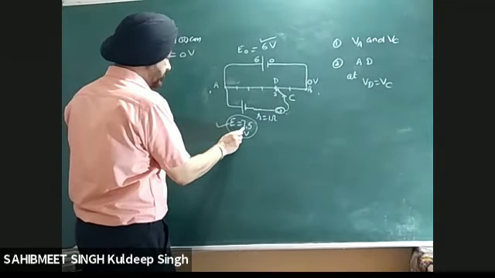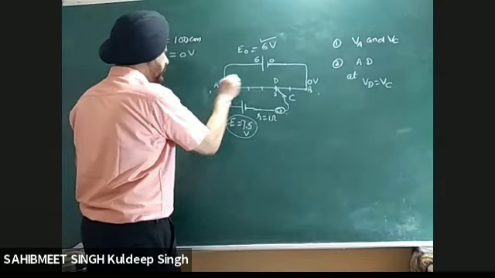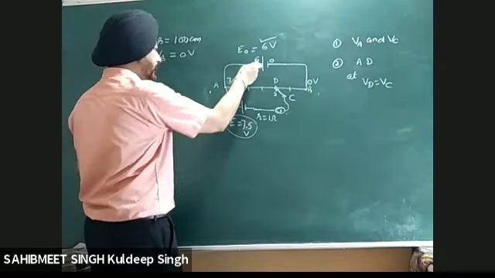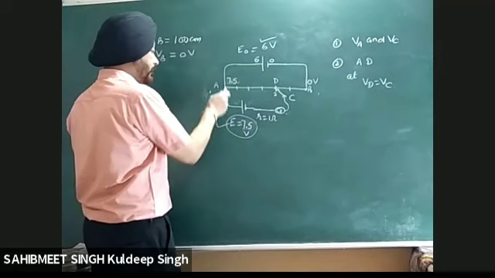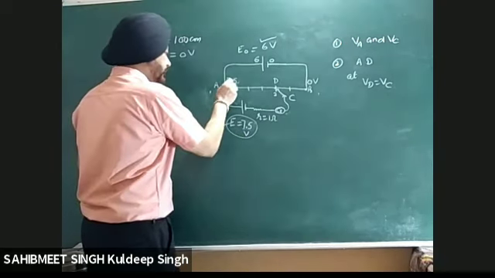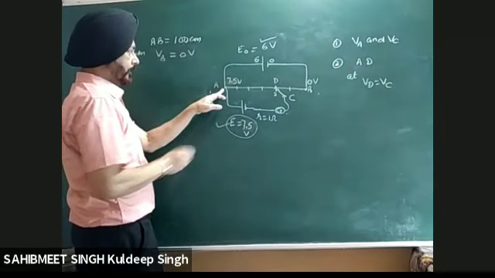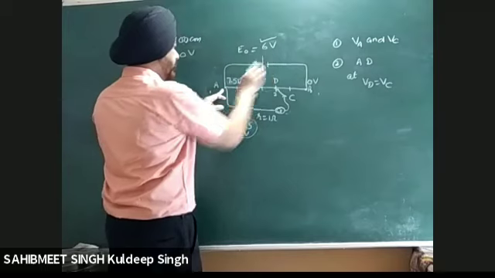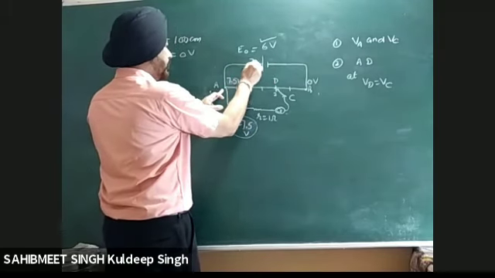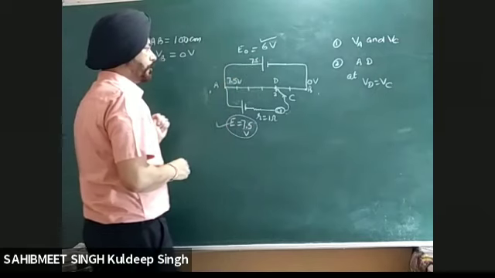If I give this 7.5 volt here, because most of you think this 6 is less than 7.5, therefore 7.5 will go there. If I take 7.5 volt here at A, then this 7.5 volt goes to the positive terminal of the driving cell.